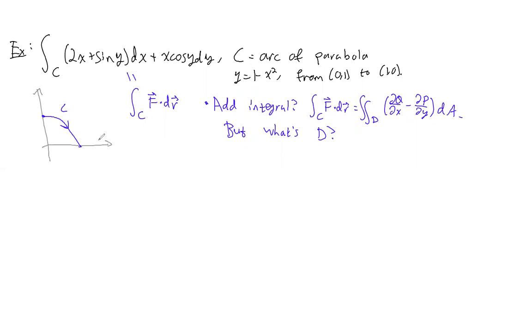D has to be the region that C encloses, but C doesn't enclose a region. So since C doesn't enclose a region, you can't just go ahead and do this.